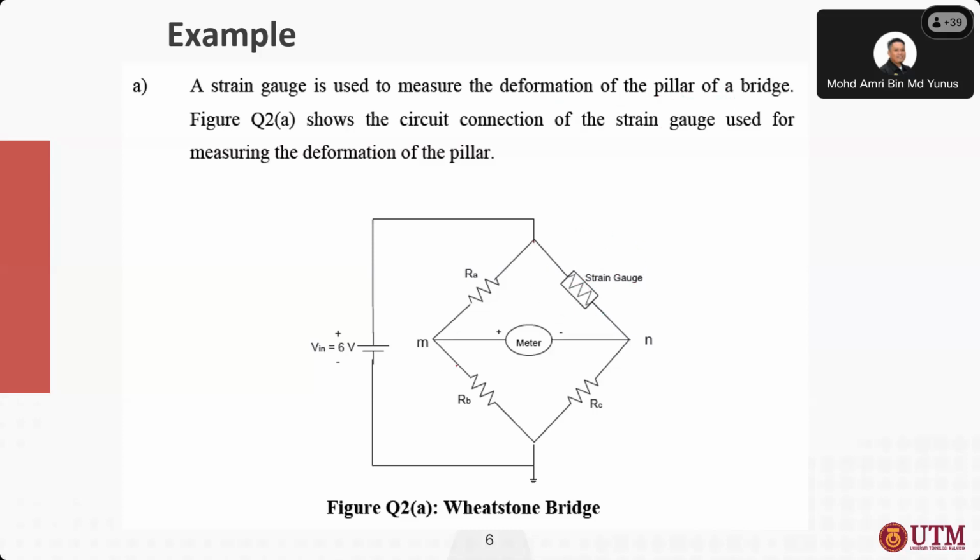A Wheatstone bridge can be used to convert the amount of force detected by the strain gauge into voltage, which is then shown by the galvanometer or meter between points M and N. So that is one application.